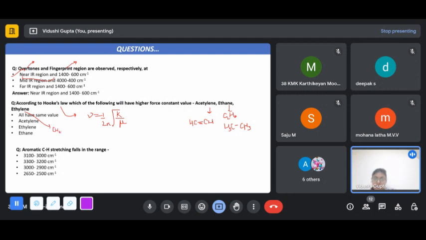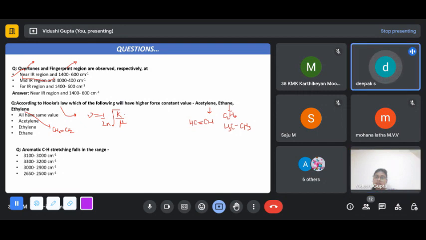So now what will the answer? You just have to tell which will have higher force constant. What do you understand by force constant?